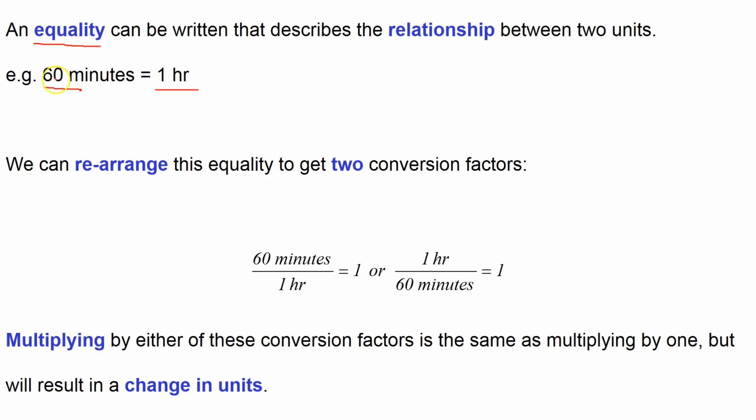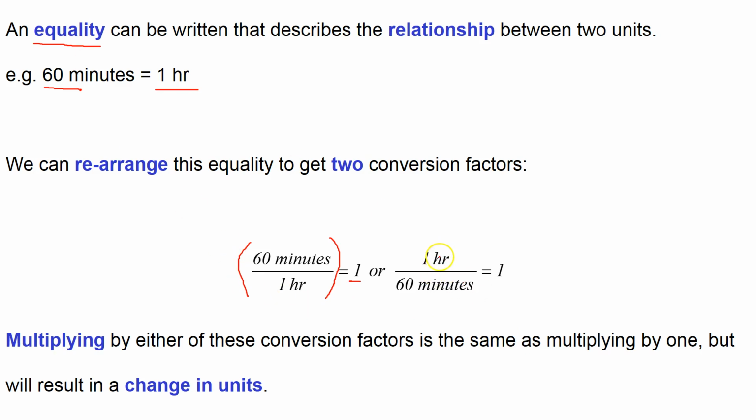So what we can do is take the ratio of these two quantities to generate our fractions that are going to be our conversion factors. So 60 minutes divided by 1 hour. 60 minutes is exactly equal to 1 hour. When you put two things on top of one another that are equal, you get the number 1.